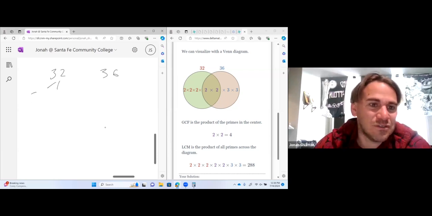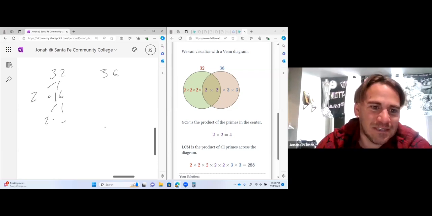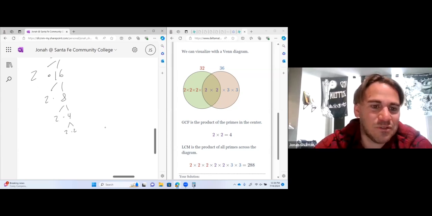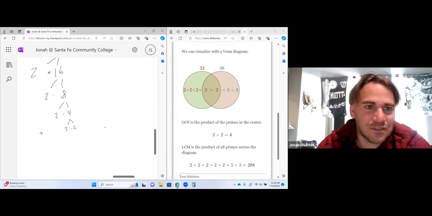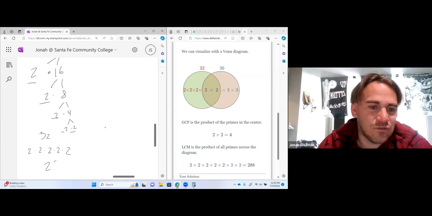So 32 is 2 times 16. This is 2 times 8. This is 2 times 4. And this is 2 times 2. So there's your first one. So they're telling you that 32 is 2, 2, 2, 2, 2, which is 2 to the 5th.